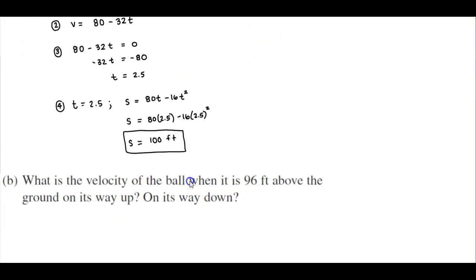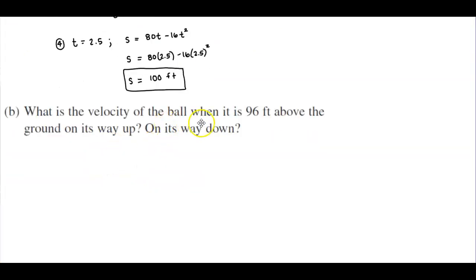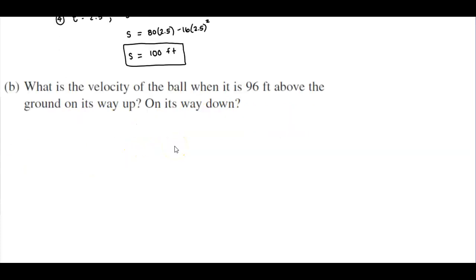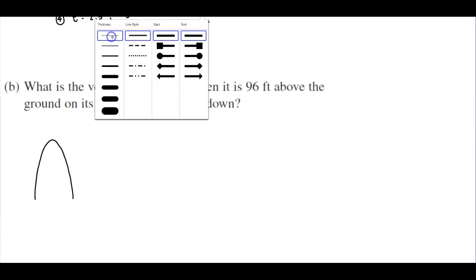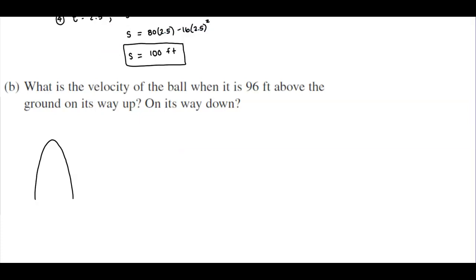Okay, so the next question says, what is the velocity of the ball when it is 96 feet above the ground on its way up and on its way down? So imagine that we throw this ball and then it goes up and it hits a maximum and then it goes all the way back down. Okay, so we just determined from part A that the maximum is 100 feet.